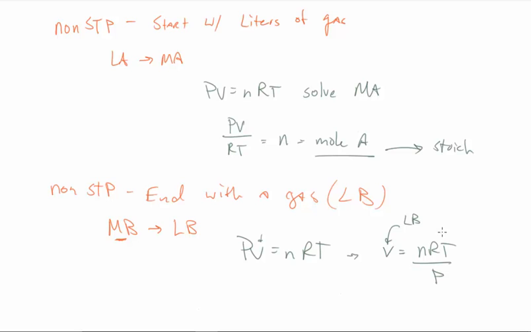And remember the R value, that's my gas law constant. I'm going to know it. If you wanted to label these, this would be your moles B, and then the temperature would be your given temperature, and the pressure would be your given pressure.